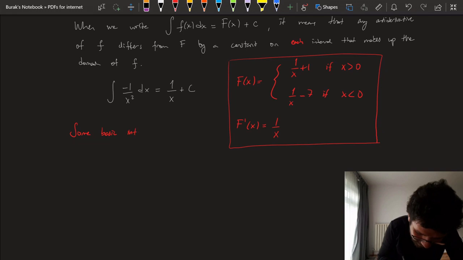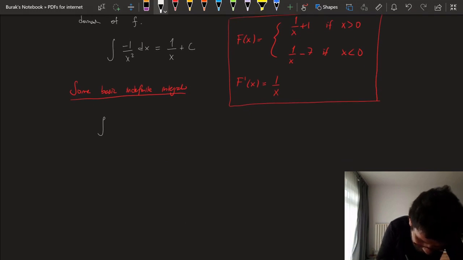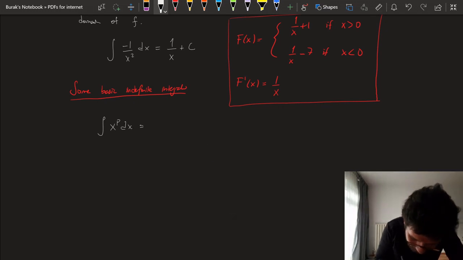Now let me list some basic indefinite integrals. The indefinite integral of x to the power p will be x to the power p plus 1 divided by p plus 1 plus c for p other than minus 1.